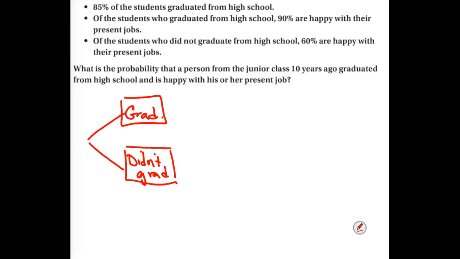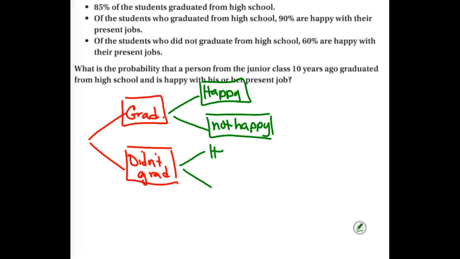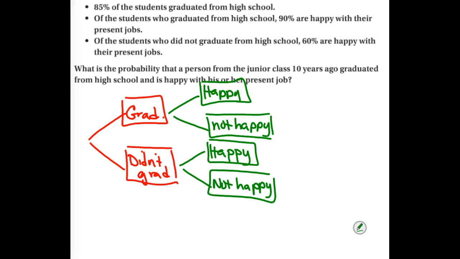Once we know which path they are on, each of those breaks out into being happy with their job or not happy. Okay, so this first one is event A, and the second one would be event B. Does that make sense?